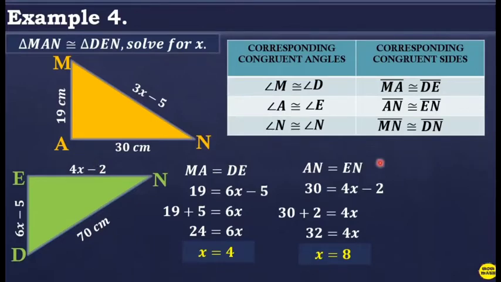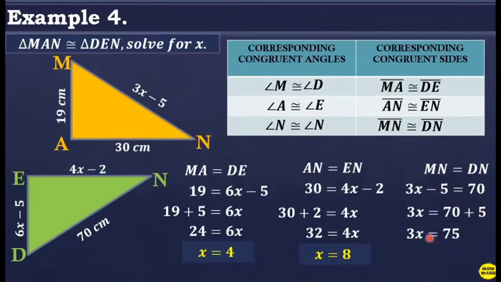And last, we have MN. MN is congruent to DN, so they are equal. MN is 3x minus 5, and DN is 70. So let us solve. 3x is equal to 70 plus 5. So, 3x is equal to 75.